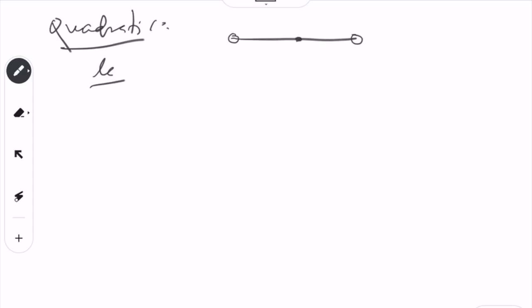Since this is local, instead of x starting here, you can say our x starts in the middle, so this end is minus Le over 2, this is plus Le over 2, and this is 0. This is very convenient this way.